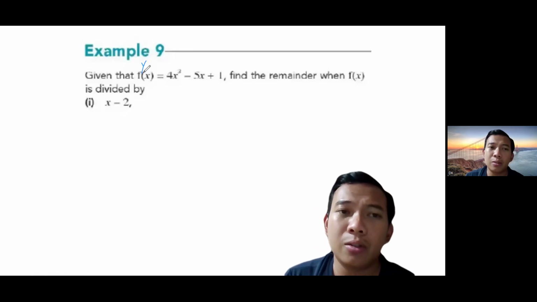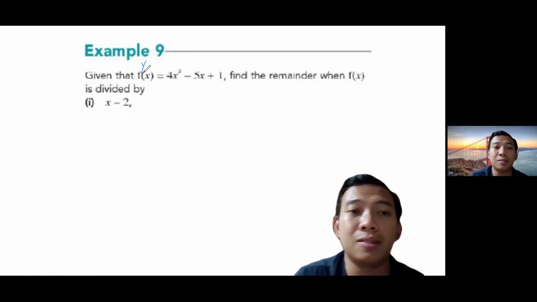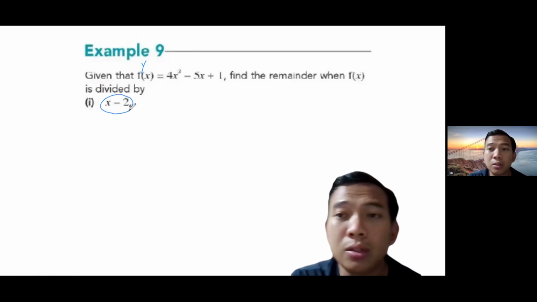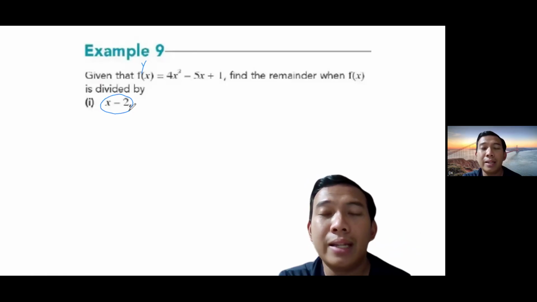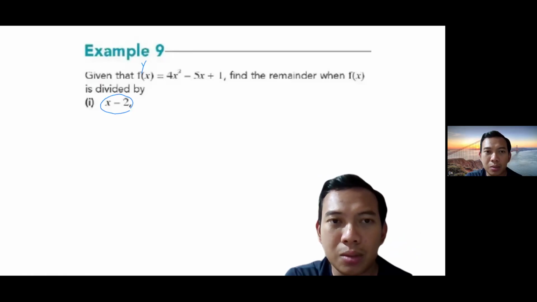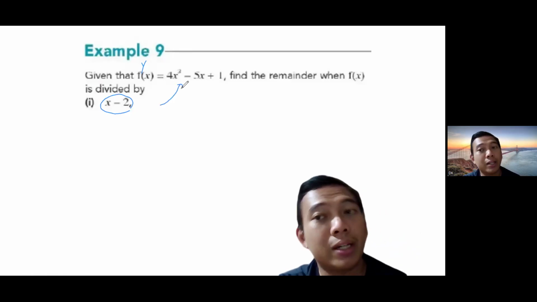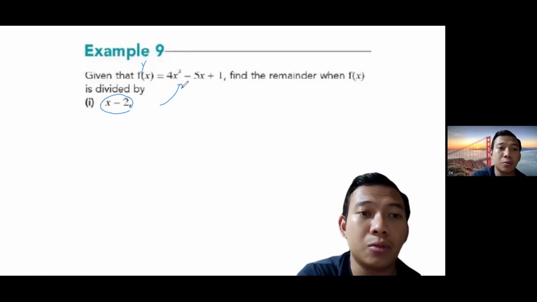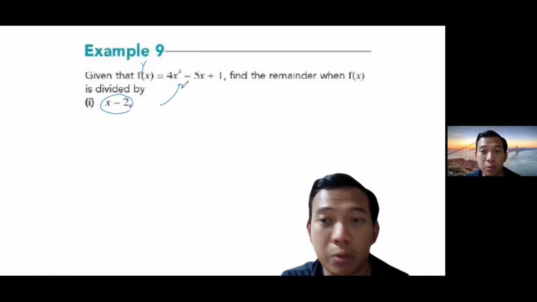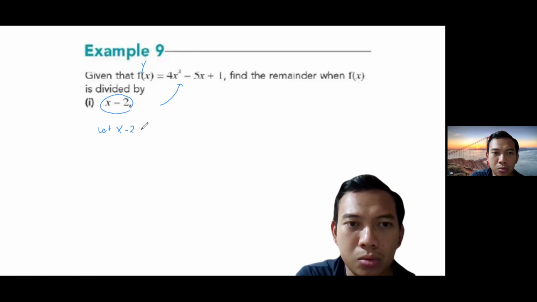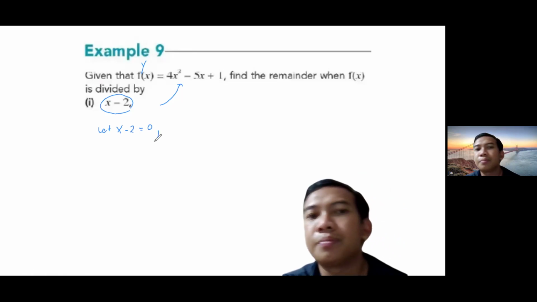Another, shorter method is that you need to find a number, substitute it inside here, and you get your remainder. How to get that number? First, solve whatever is being divided with. So let x minus 2 equals 0.